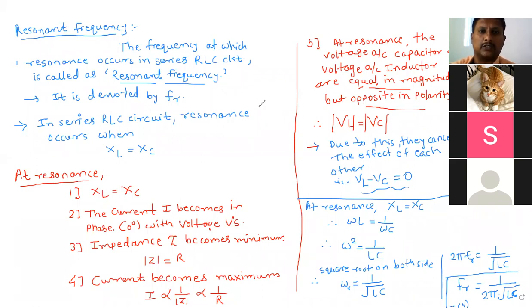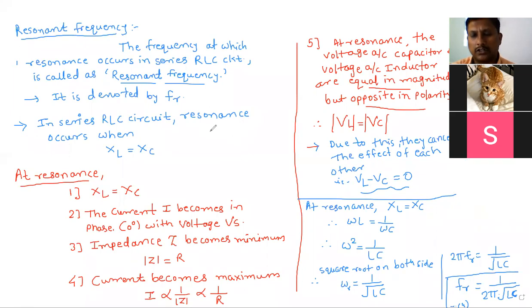In that, you have to draw the diagram and write the concept: what is happening at resonance, why it is happening, what conditions are responsible, what changes happen in the circuit, and what the outcome is. After that comes the mathematical analysis: at resonance you use XL equal to XC, and derive the expression of resonant frequency FR.